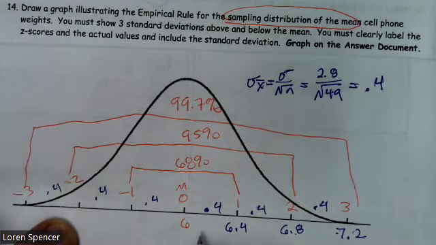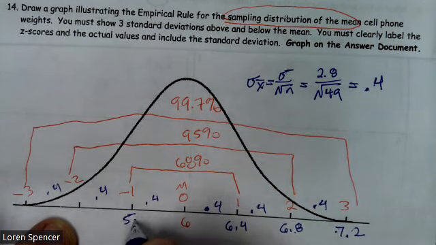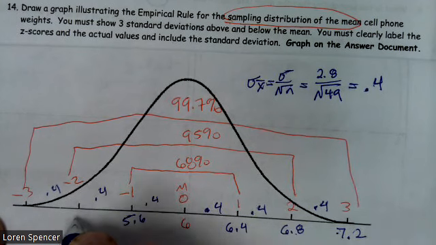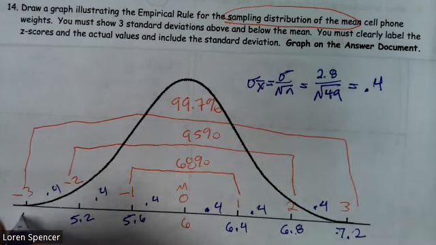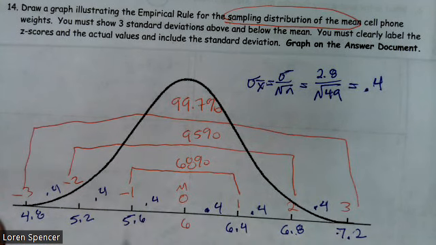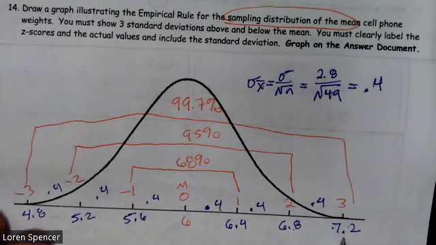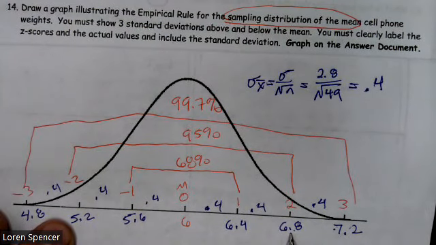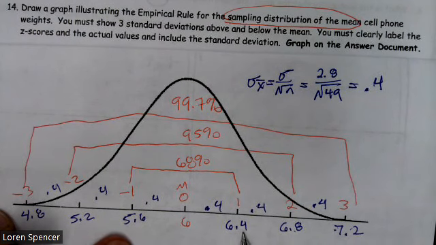This is going to be taking away 0.4, which would be 5.6, 5.2, and then 4.8. So 99.7% are between 4.8 and 7.2, 95% between 5.2 and 6.8, and then 68% between 5.6 and 6.4.